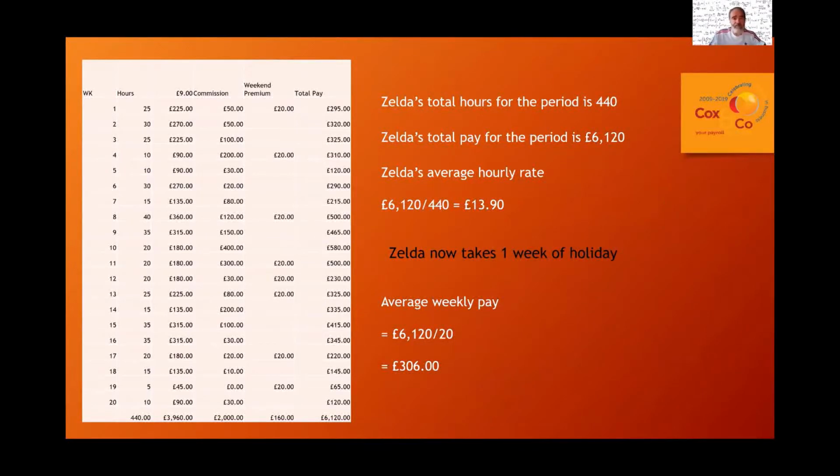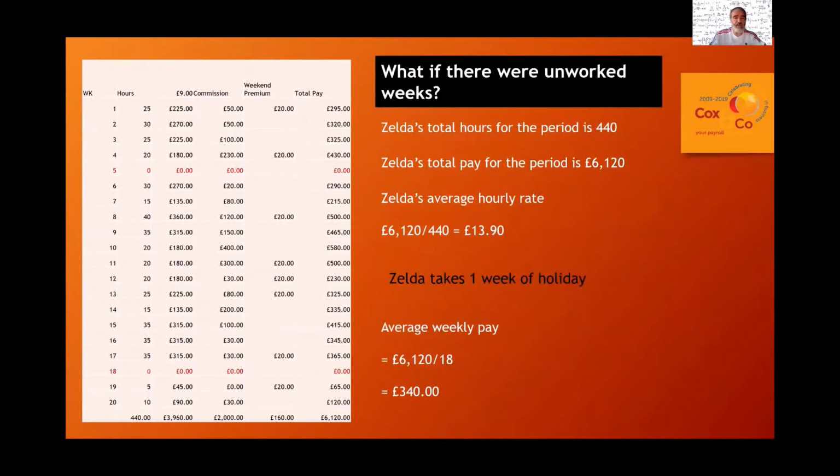Then I've taken it on to another example where our friend Zelda has done exactly the same number of hours and earned exactly the same amount of money. The only difference is that she's managed to do it within 18 weeks. So for the purposes of calculating an average weekly pay, on this occasion, we're going to exclude week 5 because there's no payment for hours that have been worked.